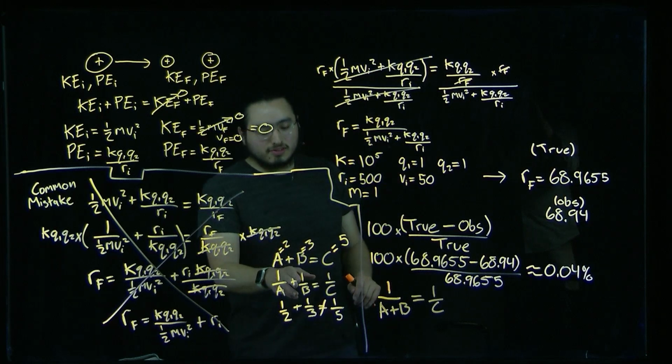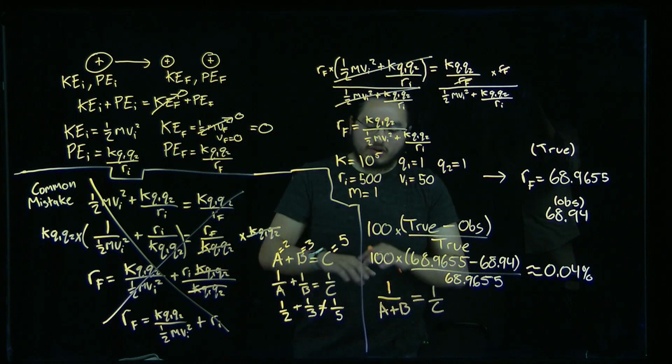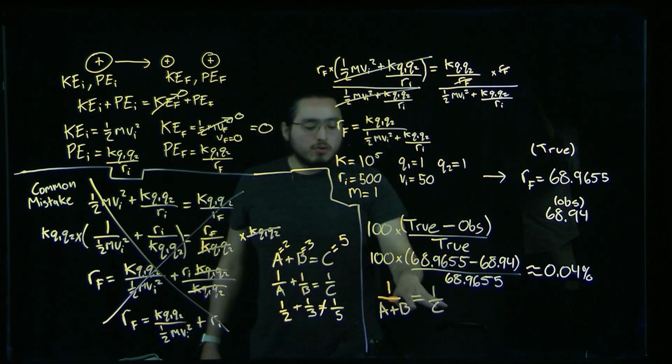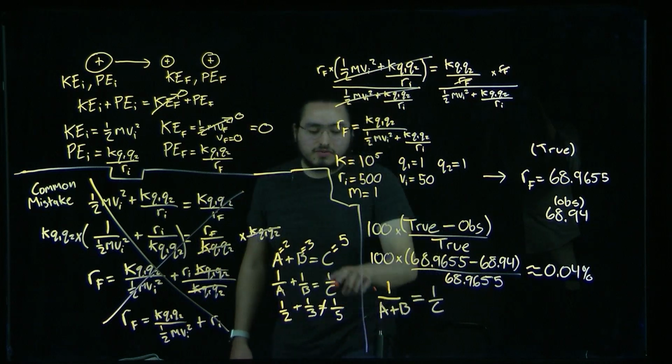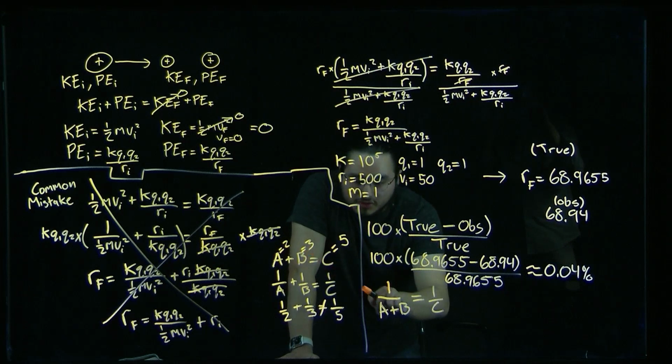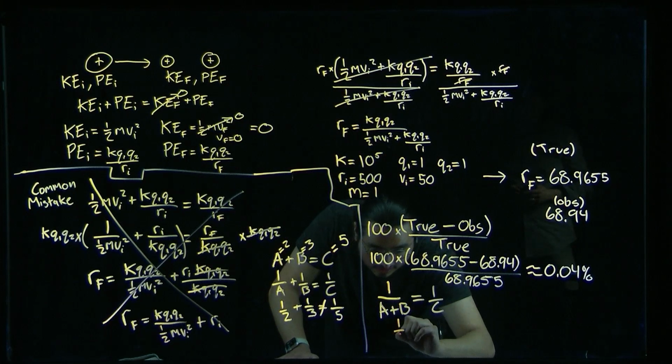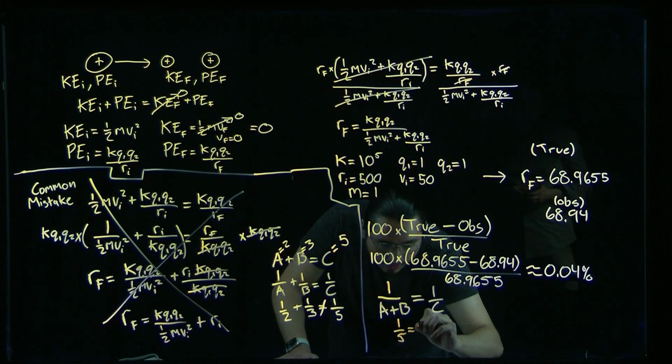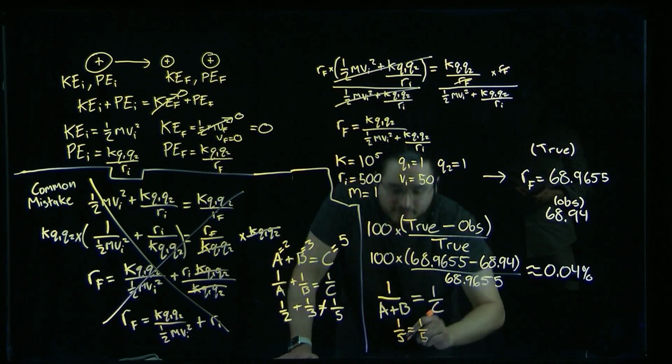It's just a difference in where you put the plus sign and what's over what. But this here holds true. This is correct, because if you look at our own example, A is 2 and B is 3. That makes 5. And we said C is 5. So you would get 1 over 5 is equal to 1 over 5.